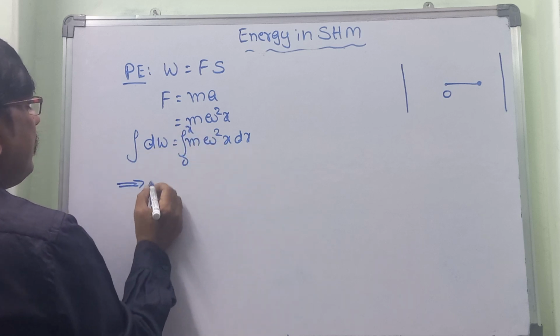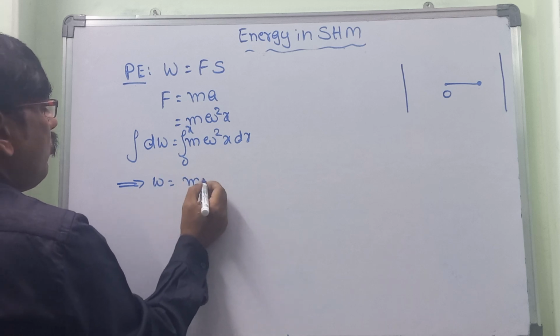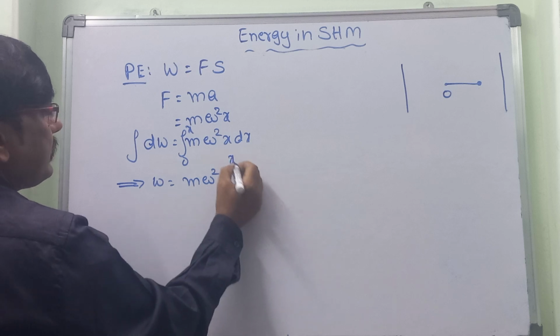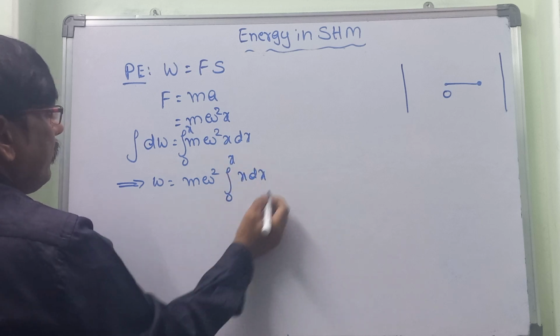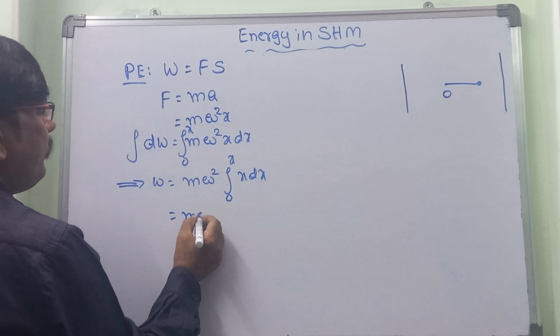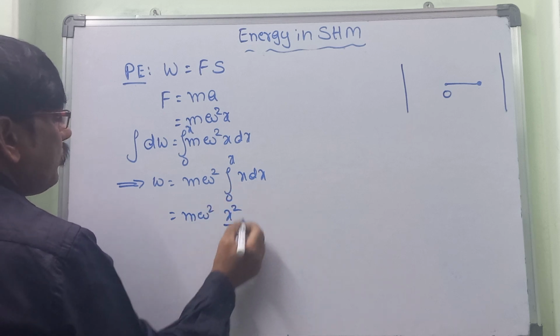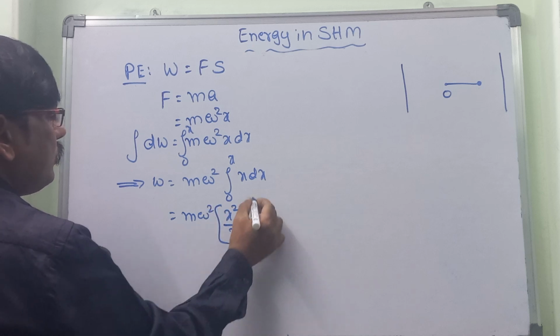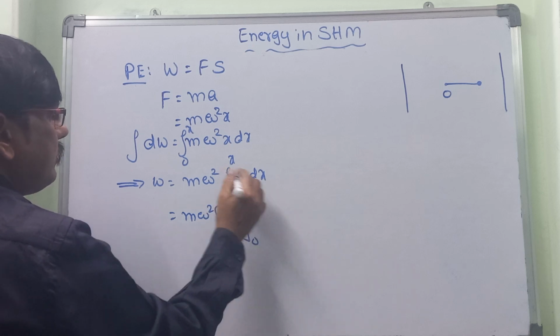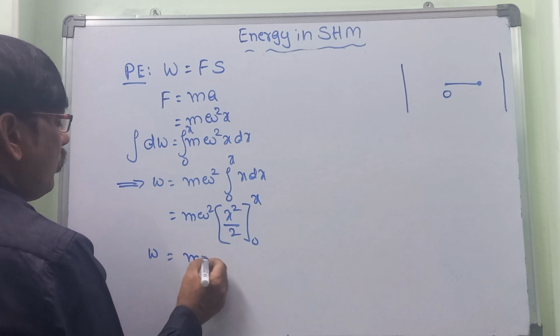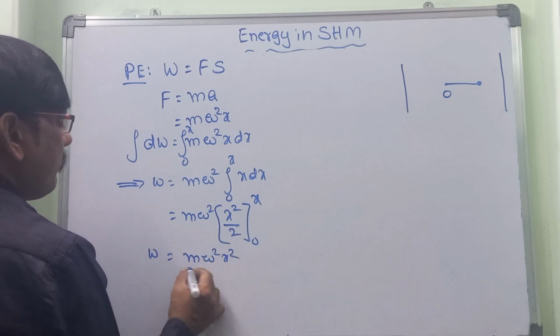Then the work done W is equal to m omega square, which is constant, integral 0 to x of x dx. Then we get m omega square into x square by 2, from 0 to x. So ultimately W is equal to m omega square x square by 2.